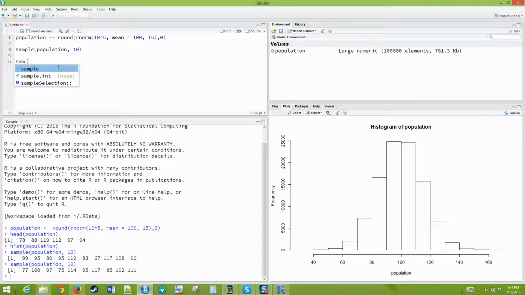I'm going to make a variable called SAM, and this is going to be the results of the sample, population 10. So it's basically the same command as before, except now I'm assigning the 10 numbers that pop out into SAM, and what I want is to record the mean of SAM.